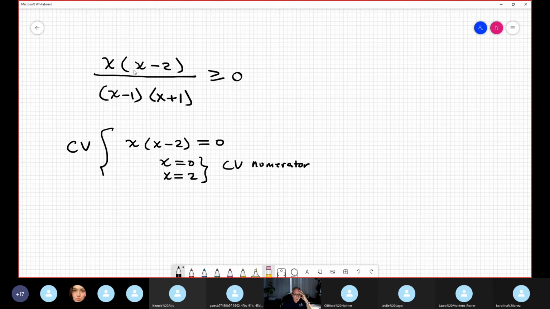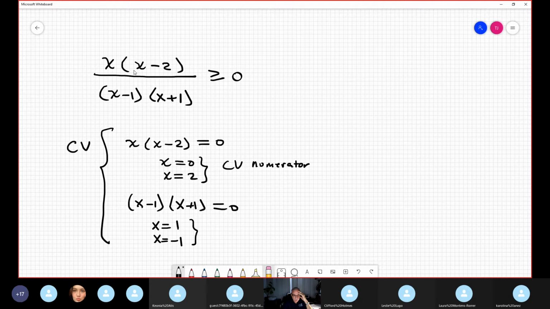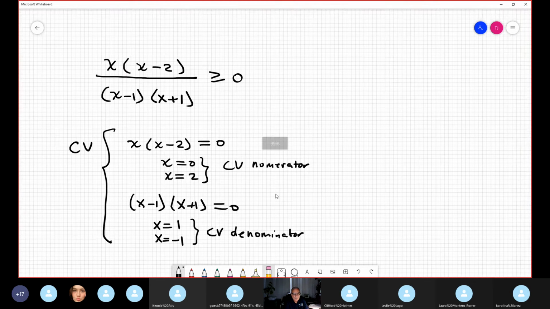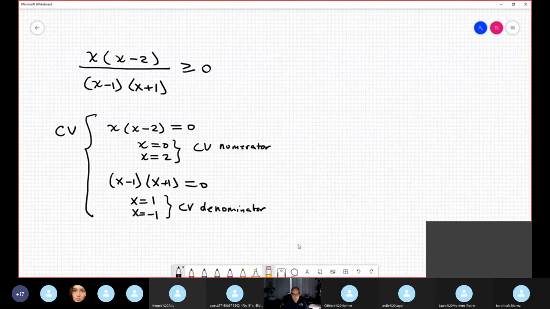And now let's do the critical values in the denominator, x minus 1 and x plus 1 equal to 0. Now it's obvious: 1 and negative 1. This is the critical values in the denominator. Everyone follow me so far? Good. Now what should I do?